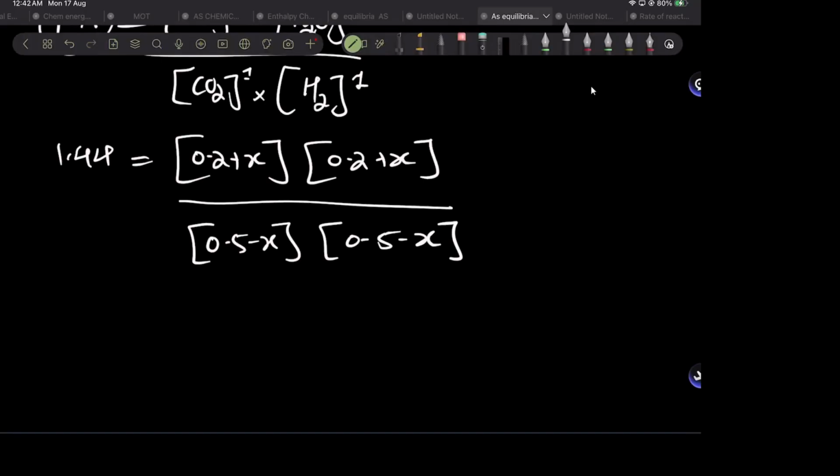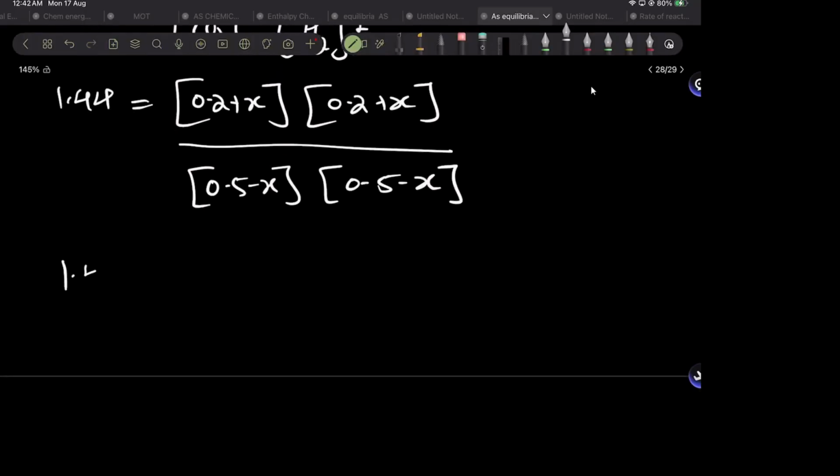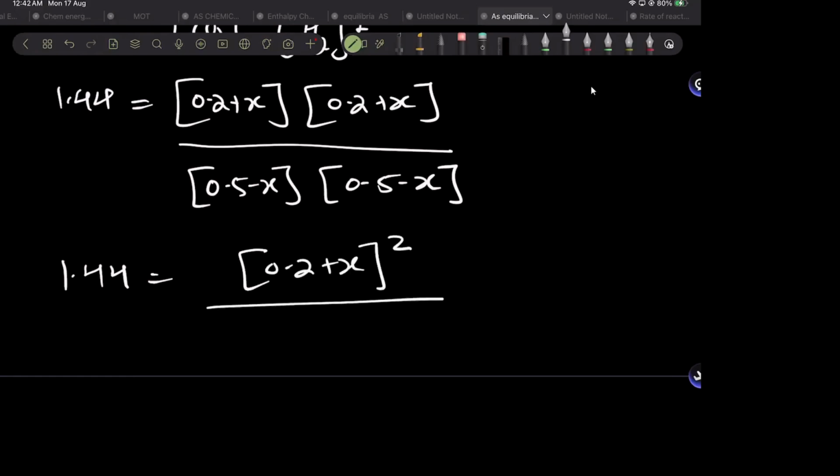Now can I solve further? Yeah. The easy way would be to do this. 1.44 is equal to, can I write 0.2 plus X whole square? When these two multiply, they become a square, right? So they become 0.2 plus X whole square, and the lower one becomes 0.5 minus X whole square.